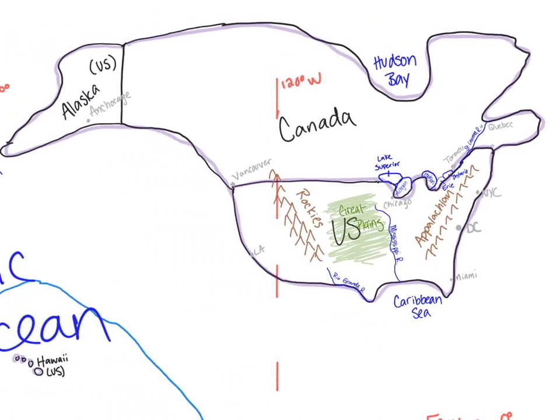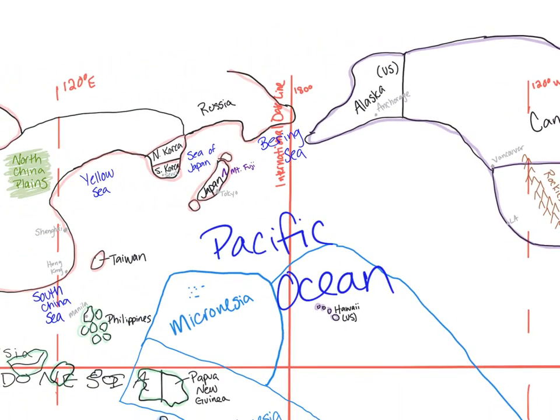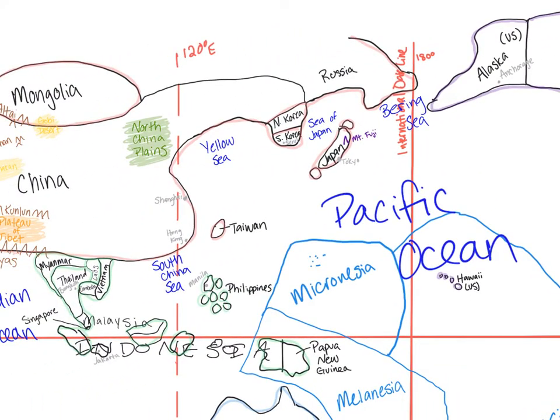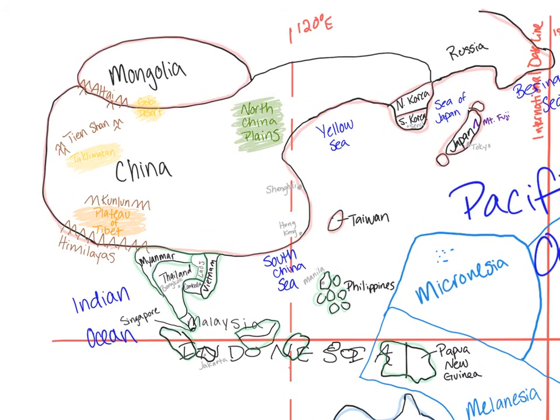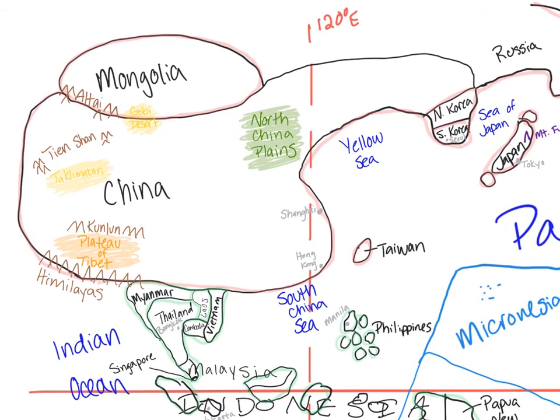And then we'll go label all of our rivers over here in Asia. The first one that we have is the Yellow River in China. There's 3 here in China that we're going to label. We have the Yellow River that empties out into the Yellow Sea, so that's easy to remember.